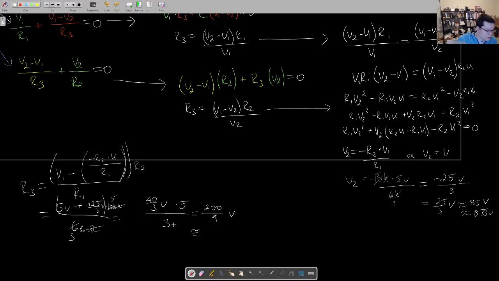That's 20 something. I must be getting sick or something. My algebra's not working right. 200 divided by 9, 22.2 volts. Not volts. Not volts. What am I doing?